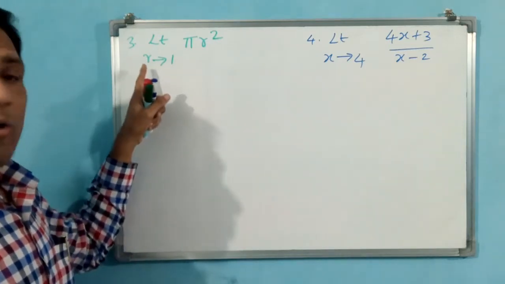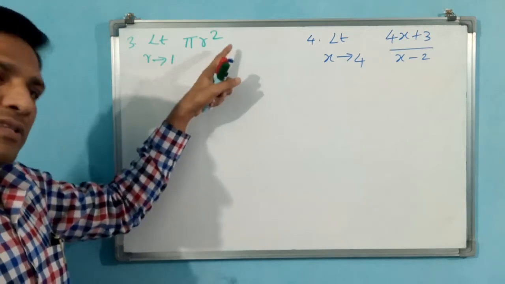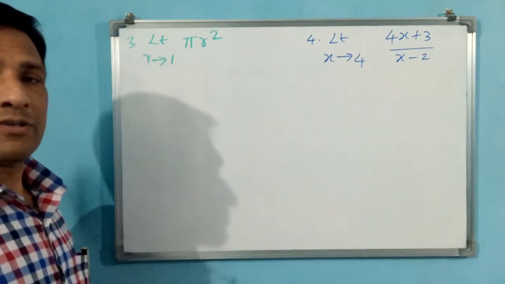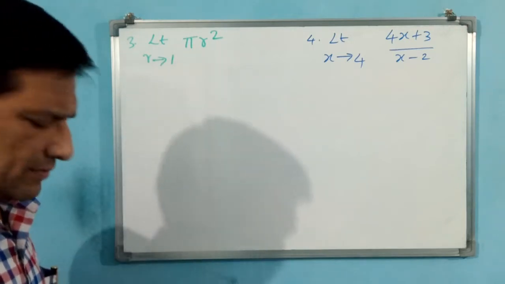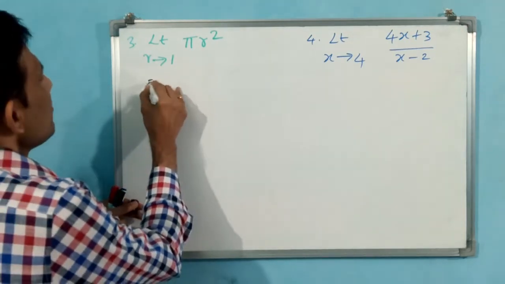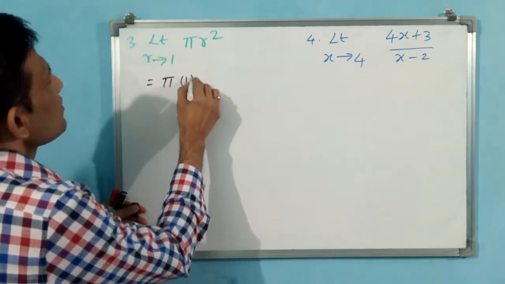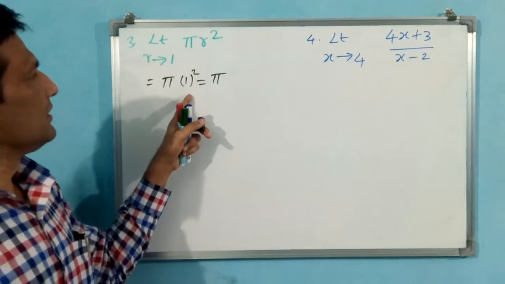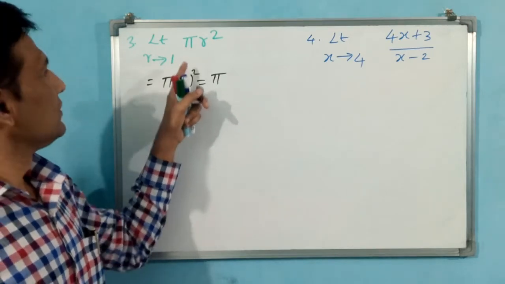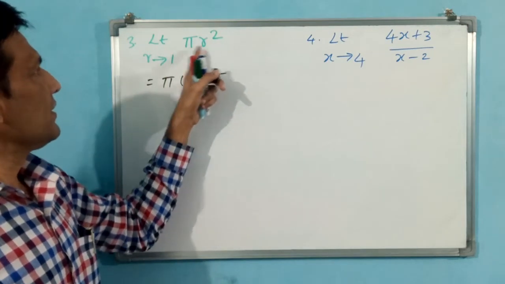One more thing, here they have given x and here they have given r, so this r also is going to become constant. Keep that in your mind. Now write down pi into 1 square, that is equal to pi. Why? Because 1 square is 1 only, there is no change. 1 square into pi.